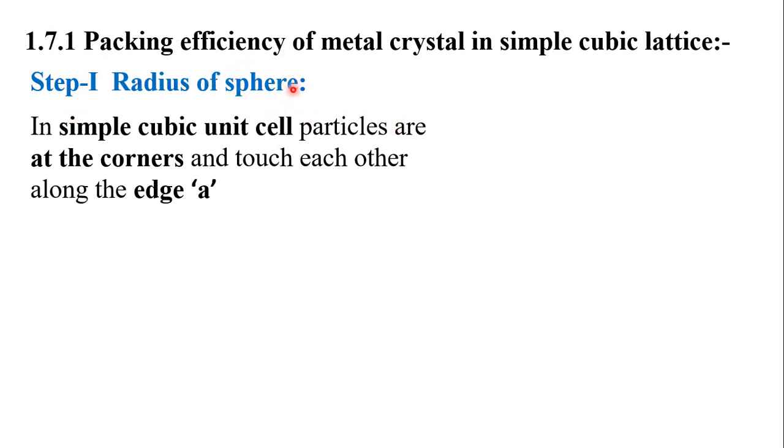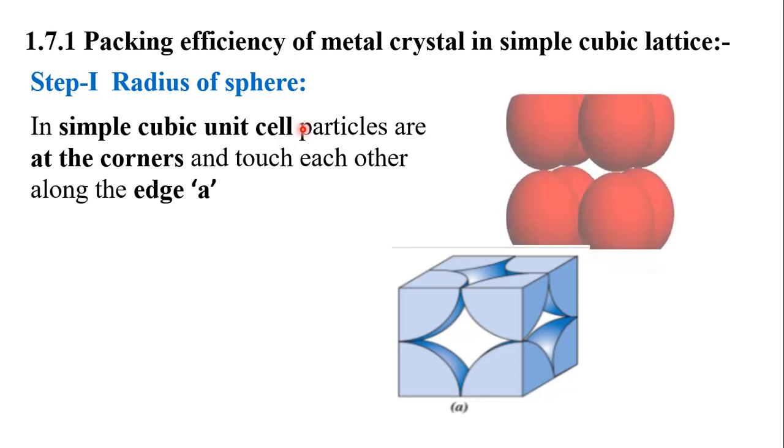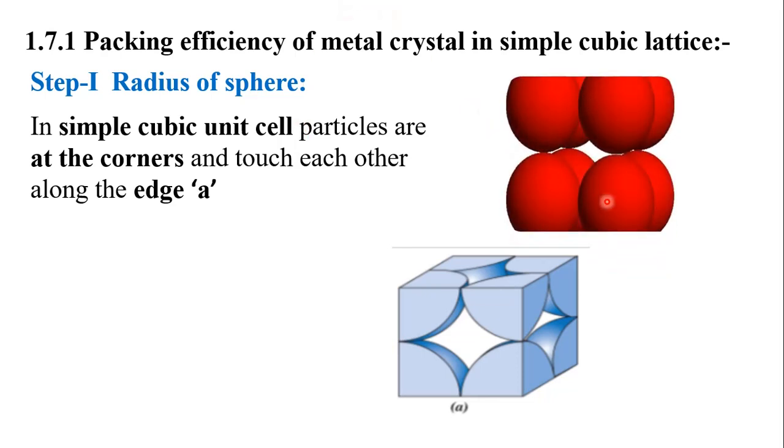Radius of the sphere. So in a simple cubic unit cell, we know that the particles are at the corners and they touch each other. This is the simple cubic unit cell, the arrangement of the particles in a simple cubic unit cell, or primitive cell. It is also called a primitive cell. And in this cell, the particles are at the corners of the cube.